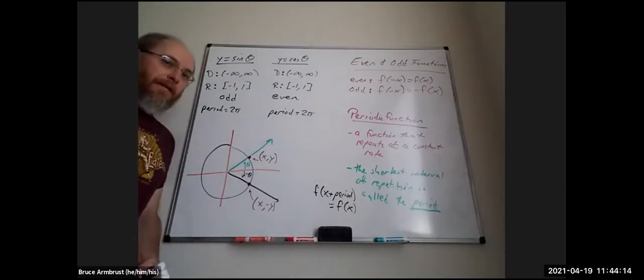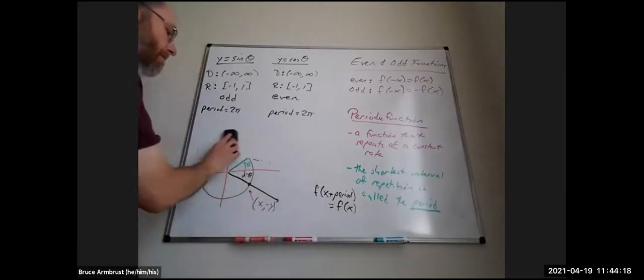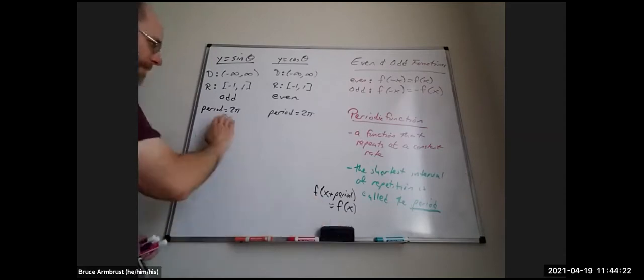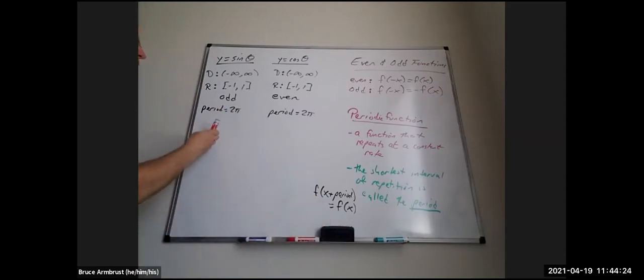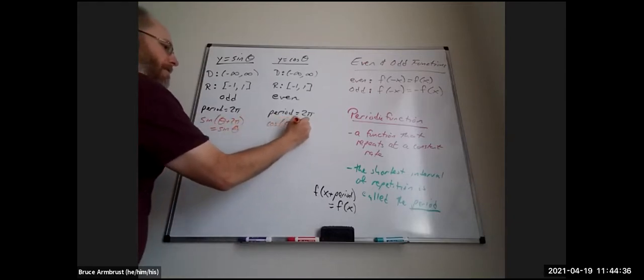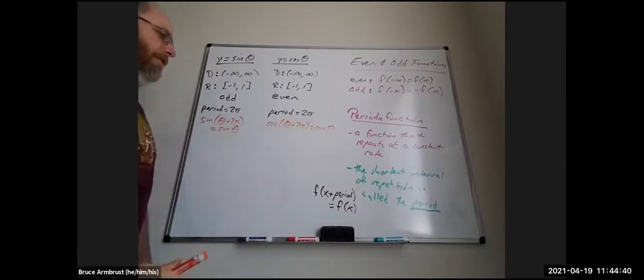So whatever the period is, you just get the same thing. So in terms of sine and cosine, the way we would write this fact mathematically is that the sine of theta plus 2 pi is equal to the sine of theta. And similarly, the cosine of theta plus 2 pi equals the cosine of theta.